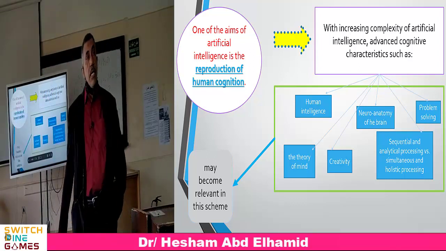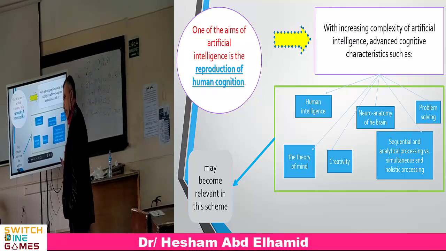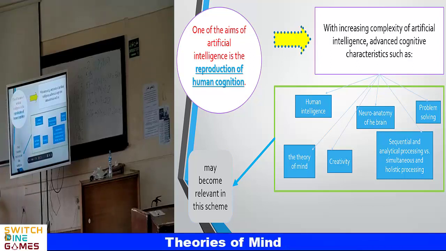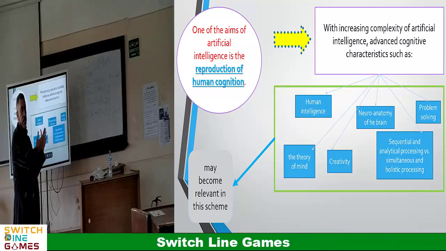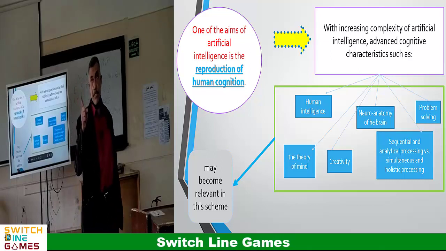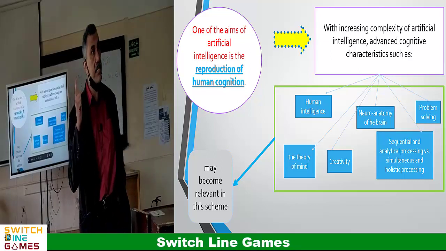So, in order to make the machine able to simulate the human being, we have to transfer the theory of mind to the artificial intelligence, to the machine. So the machine should be able to attribute your behavior, to anticipate your behavior before it happens.